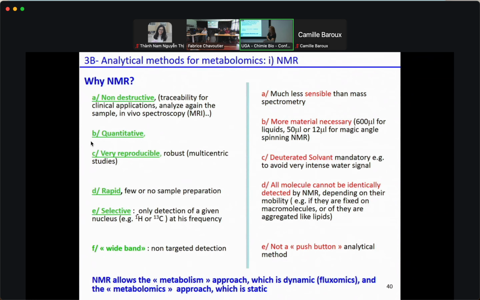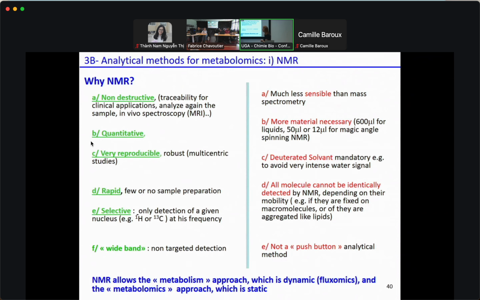And the problem with NMR is that it is much less sensitive than mass spectrometry. This is not a sensitive method. So we detect micromolar, but not nanomolar. Also, all molecules cannot be identically detected. It depends on the mobility.